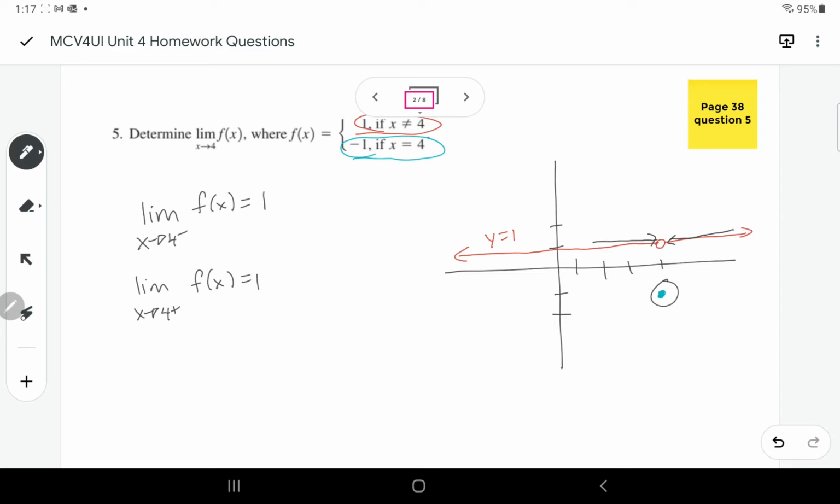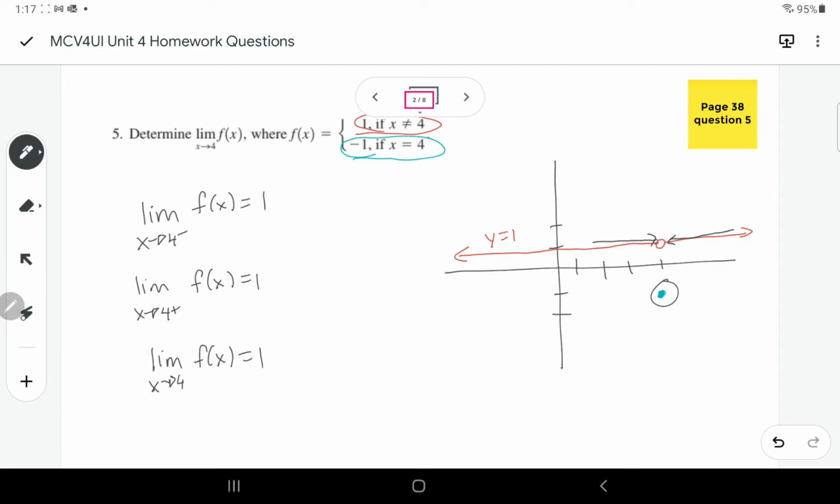What the function actually equals at that point is a little bit irrelevant because the limit is just talking about what you are getting closer and closer to, not what happens when it actually equals 4. So the limit as x approaches 4 of f(x) is just going to be 1.